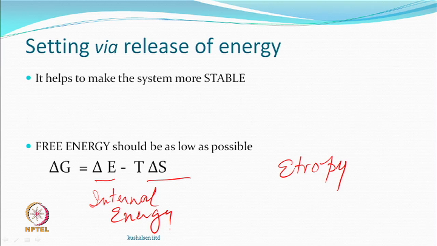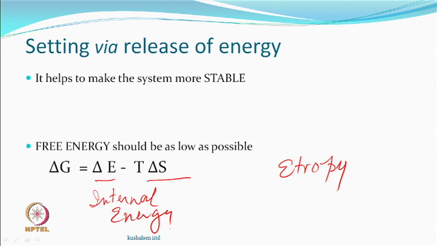Now we have to see in fiber and yarn terms what they mean. What it obviously means is that if you want any state to be more stable, delta G should be negative. That means release. Whatever was the energy level, if delta G is negative, we can be quite assured that we are going towards a stable state.